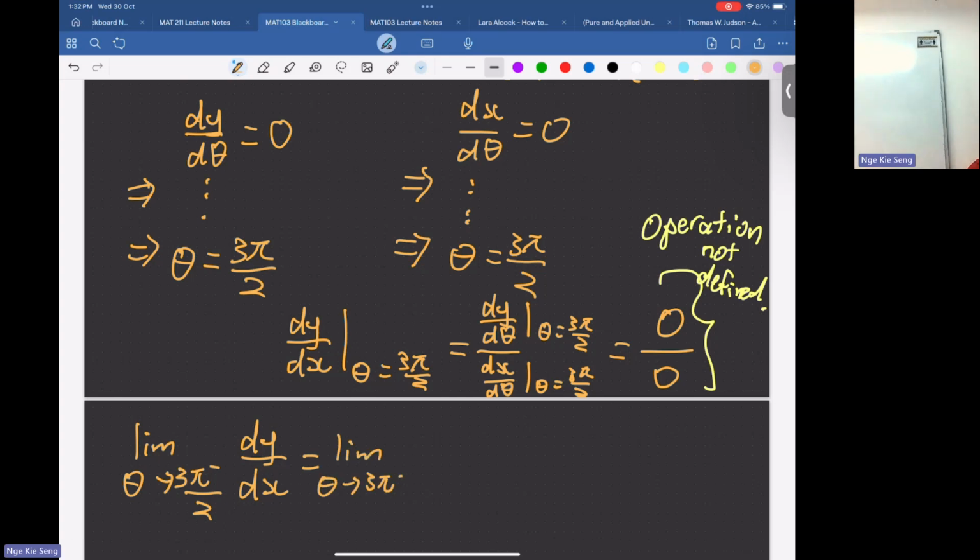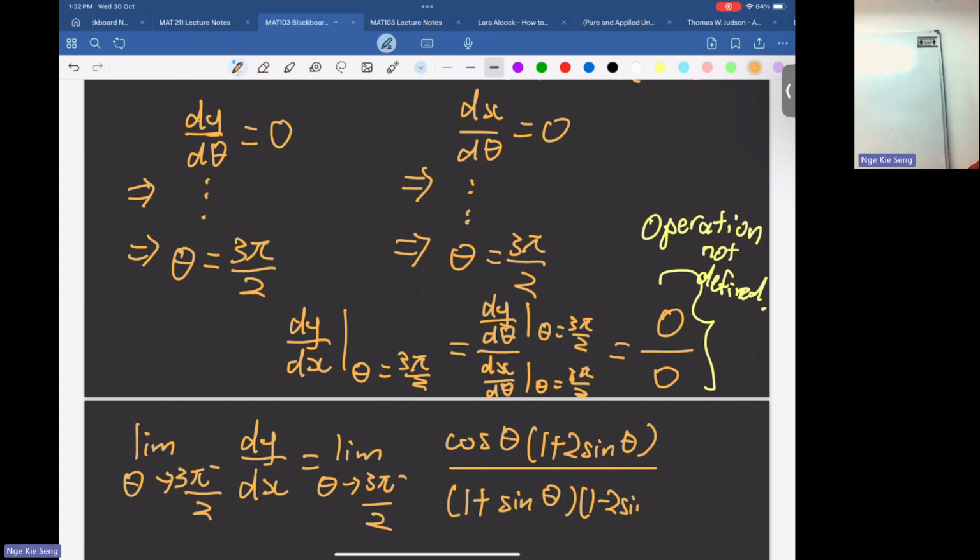What's this calculation here? You will get at the top cos theta times 1 plus 2 sine theta. I think you can quickly check this if you like. And at the bottom you get 1 plus sine theta times 1 minus 2 sine theta here. Okay.